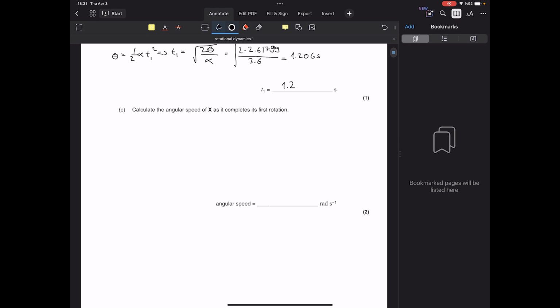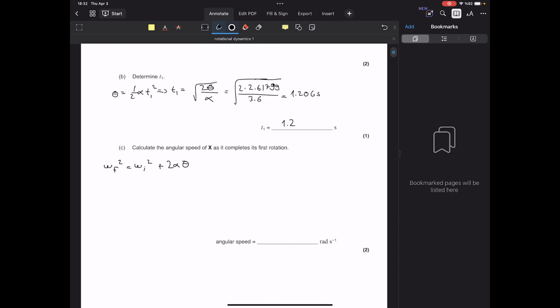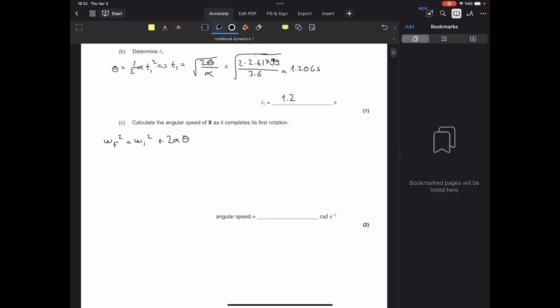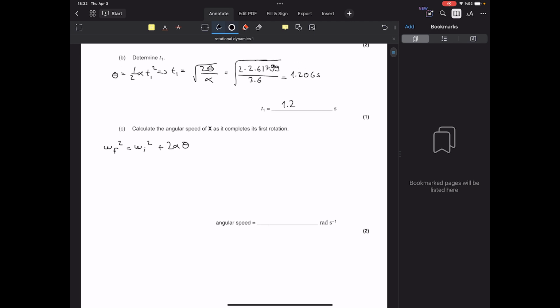The final angular velocity squared equals the initial angular velocity squared plus 2 times alpha times the radians rotated, which is theta. This is similar to the kinematics equation v final squared equals v initial squared plus 2ax. It's exactly that in rotational form.